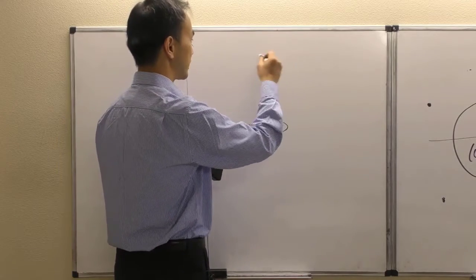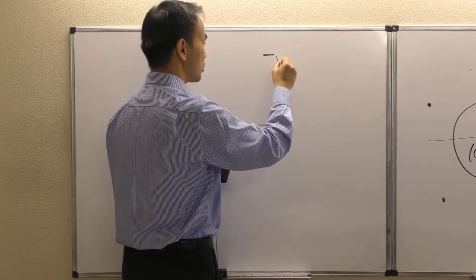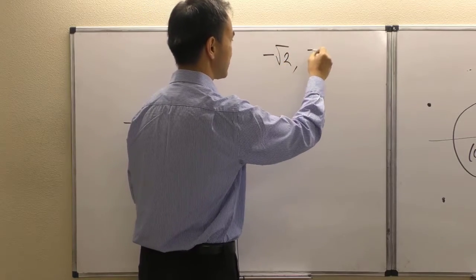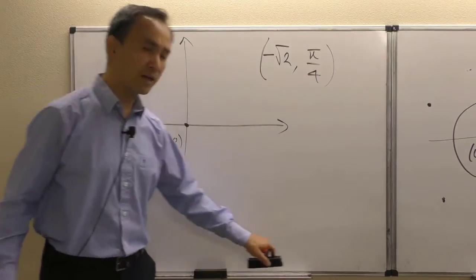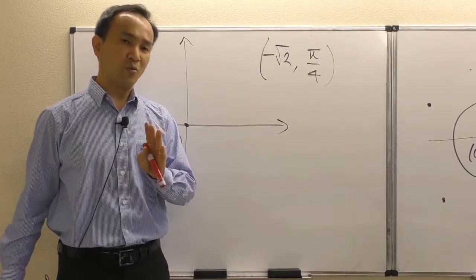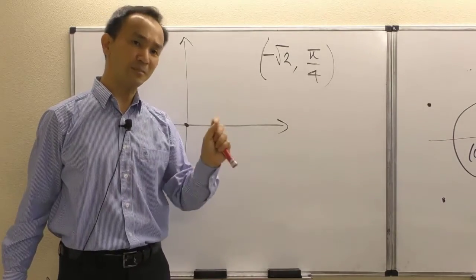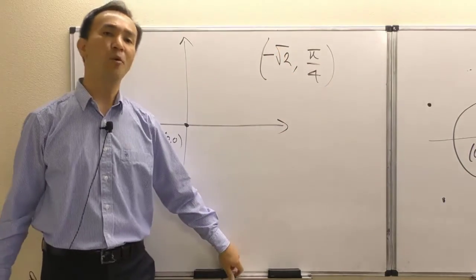So here's how we're doing it. Let's say I'm going to put up negative square root 2 comma pi over 4. Let's do a quick little example over here, and we will get to formal examples where we formally plot these points in polar coordinates. Let's say you are given a point in polar coordinates.